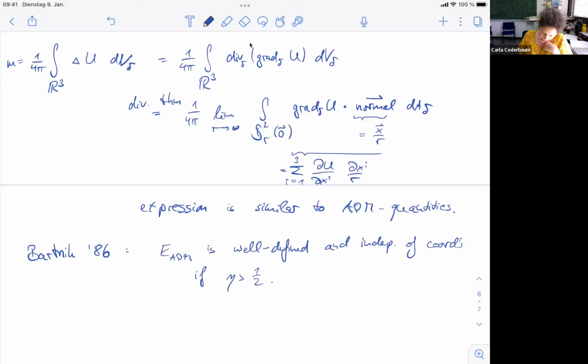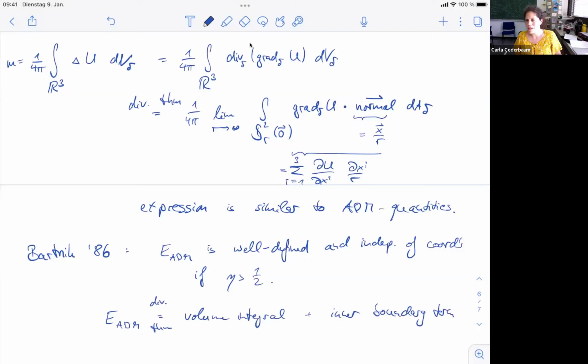So he rewrites E_ADM as a volume integral plus some inner boundary term via the divergence theorem. So he does it backwards. I did it forwards. I started with m being a volume integral over the matter density, and then I plugged in the Poisson equation to rewrite it as a surface integral at infinity.